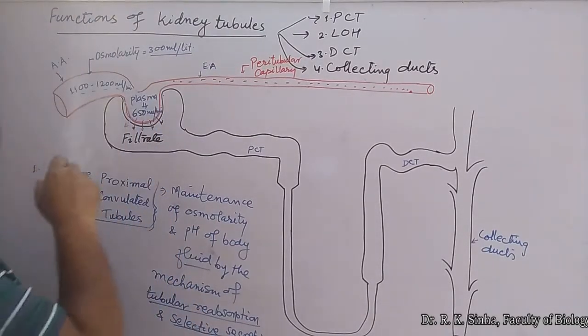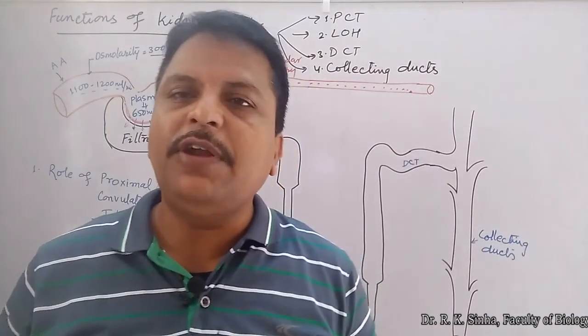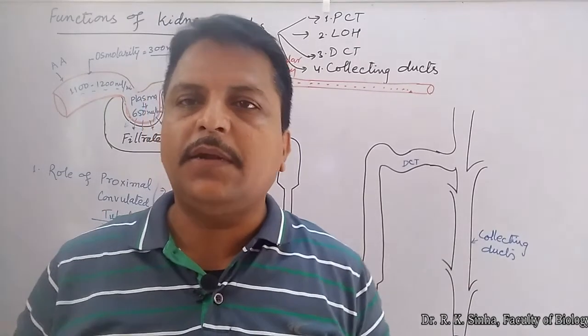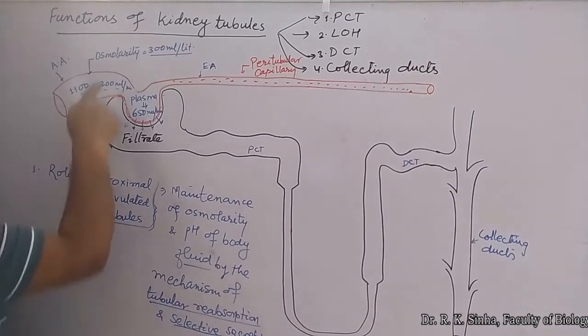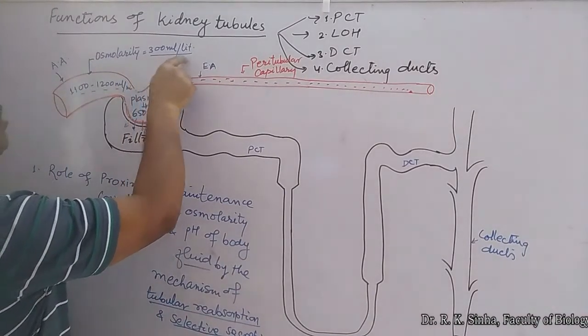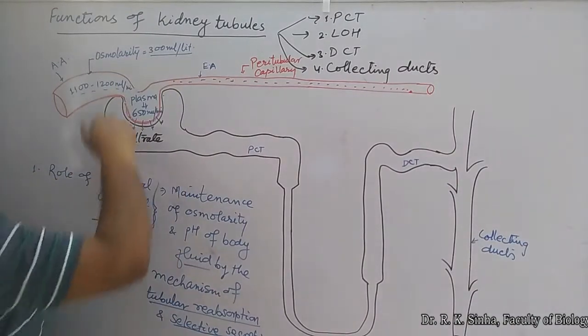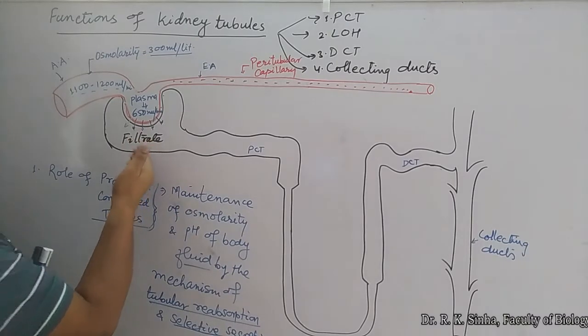Here, see, osmolarity means the amount of ions present in a unit volume of blood or water. The osmolarity in the human body is generally 300 milliosmol per liter. When blood passes through the glomerulus, the filtrate will accumulate here.